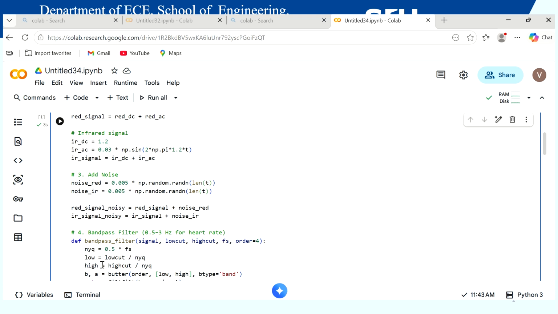Then low equal to lowcut divided by Nyquist, and then high equal to highcut divided by Nyquist. So here we adopt the Butterworth filter, and the type of filter we opt for is band pass filter.